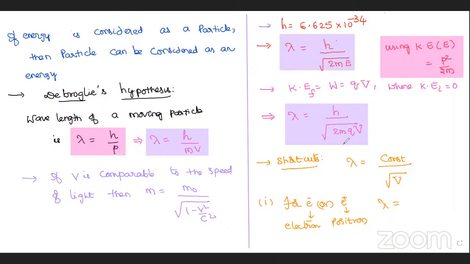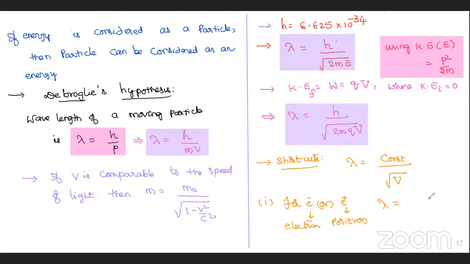Lambda is equal to, will you say that constant, Nana? h is 6.625 divided by root of 2 into 9.1 into 1.6. That value I got 1.736.